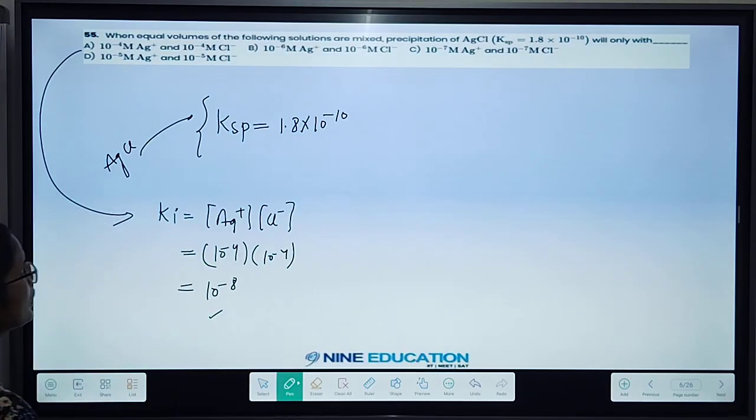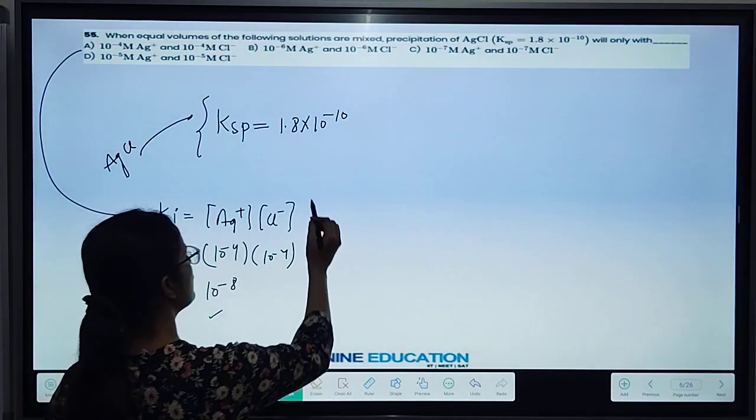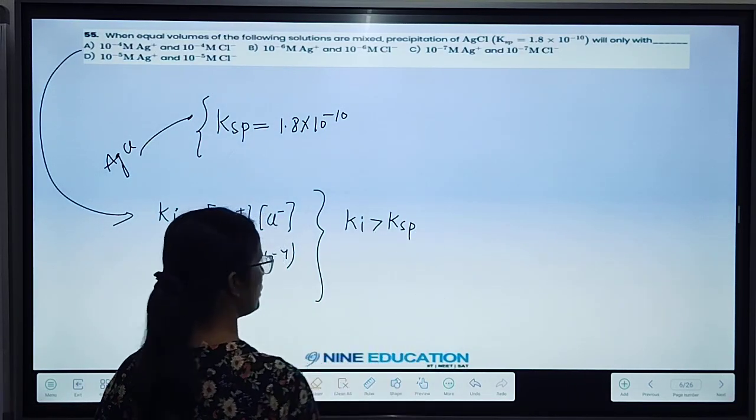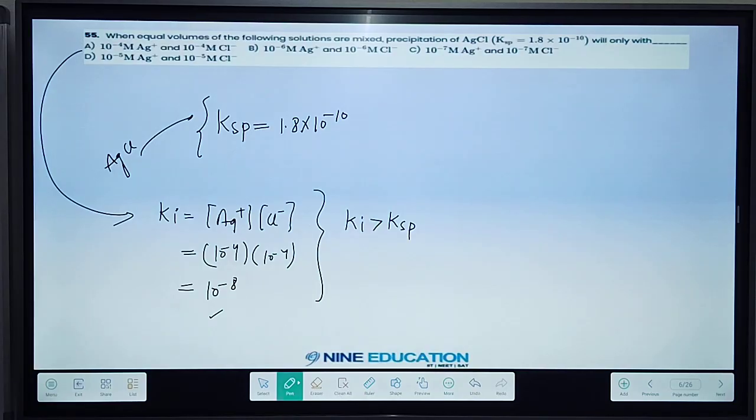Here the ionic product is greater than Ksp. Ksp means a saturated solution, and if the ionic product is more than that, it means an oversaturated solution, so the precipitation of AgCl will occur.